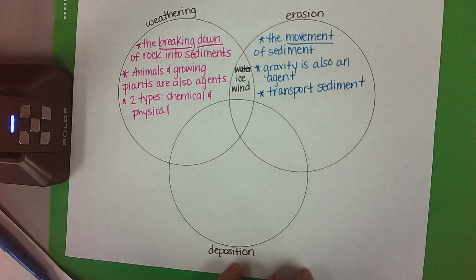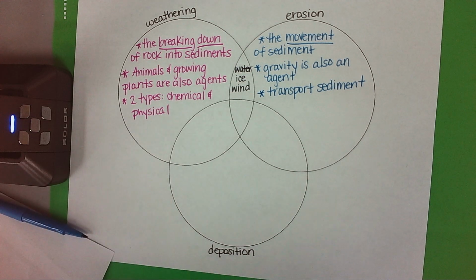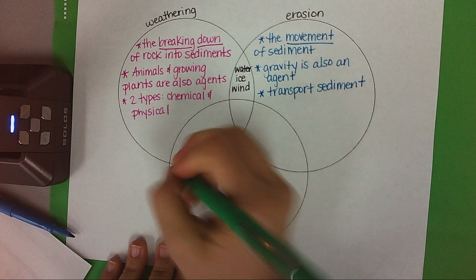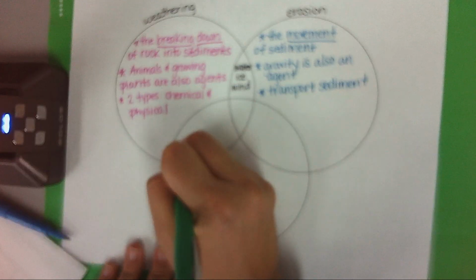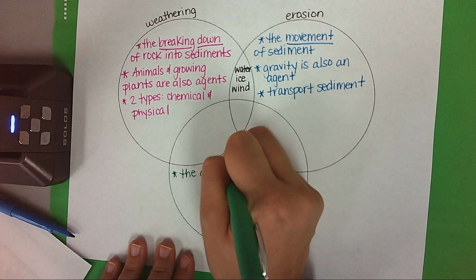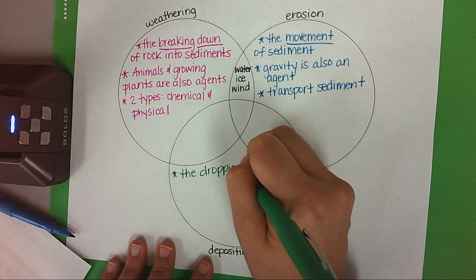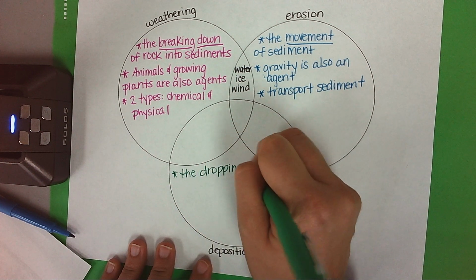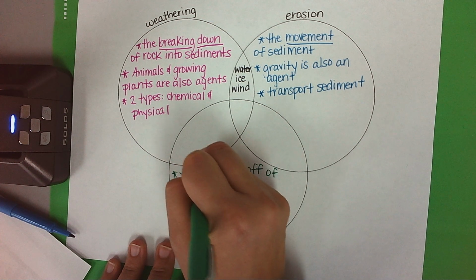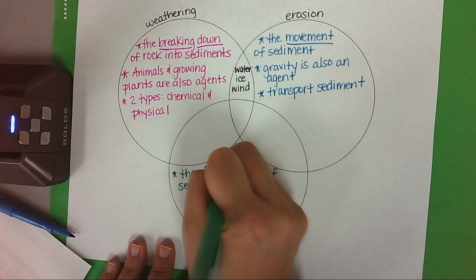So, what do erosion and deposition have in common? Well, let's go on to deposition first before we do what they have in common. I apologize for that. So what is deposition? It is the dropping off of sediment in a new location.